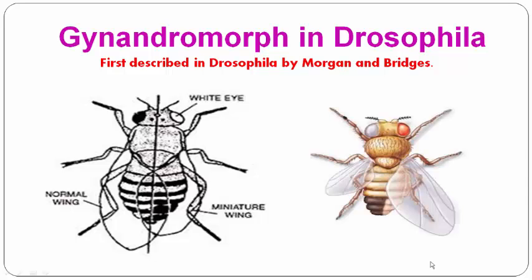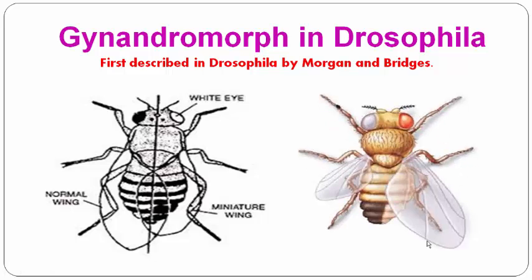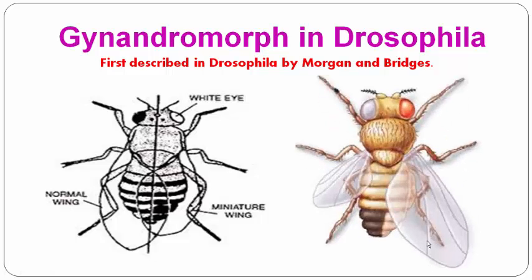Thus, in this photograph, we can observe that 50% of this fly is showing male characters and 50% is showing female characters. Thus, the gynandromorph in Drosophila shows bilateral symmetry in the body features.